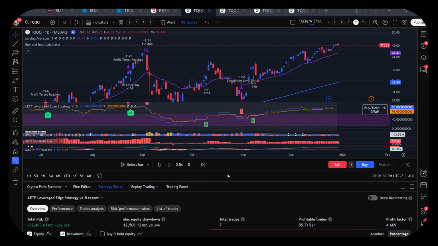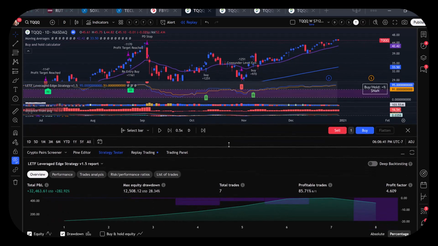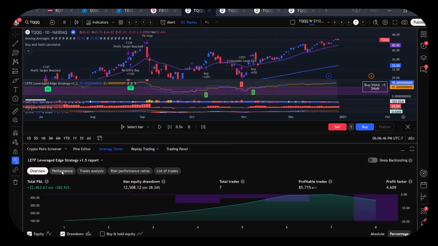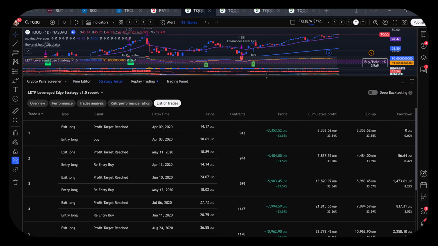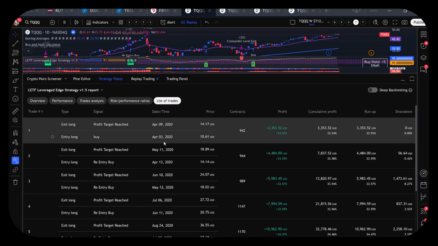So when I bring up the strategy tester, I'm not going to talk about the overview right now. Instead, I'm going to go right to this list of trades. We can see all the trades that have been made since we started. Remember, we started April 3rd. That was our first trade, our first buy, and we reached our profit target on April 9th.